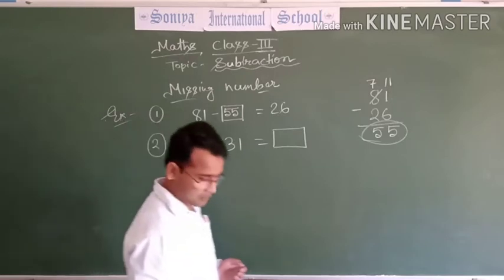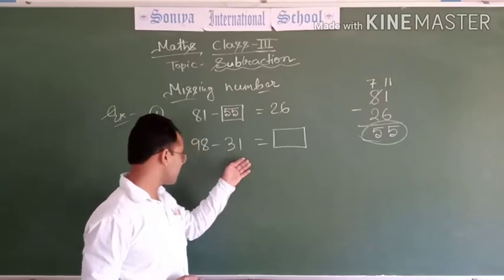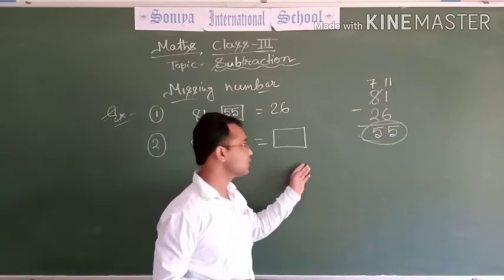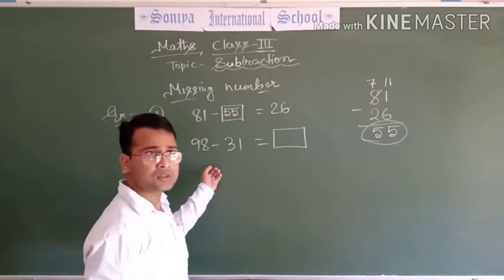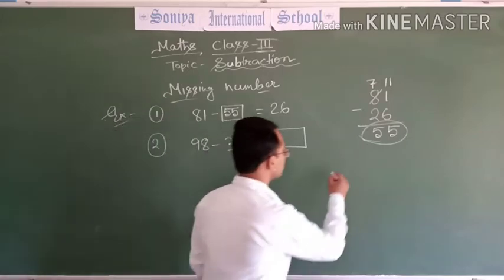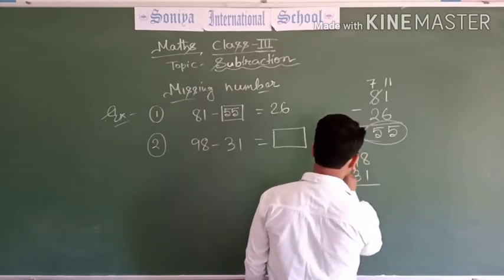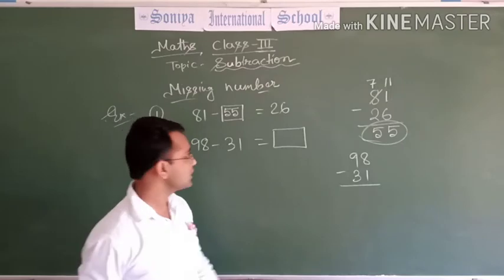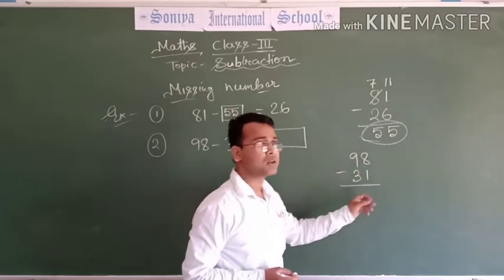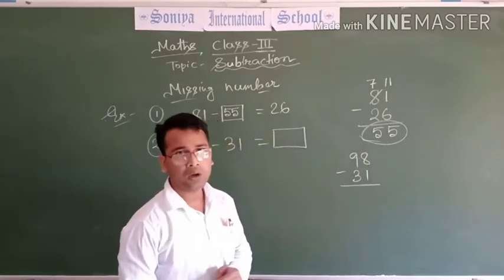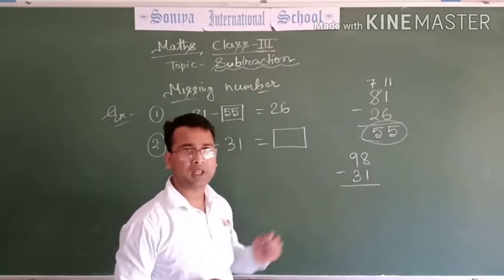Now the next one is 98 minus 31 is equal to how many? Similarly, we subtract by the same process. It starts from right to left. The right numbers are 8 and 1. 8 is greater than 1, so here we cannot carry from the tens place.